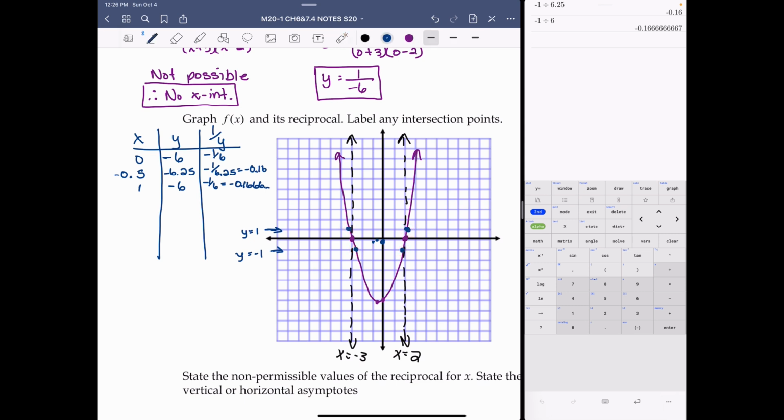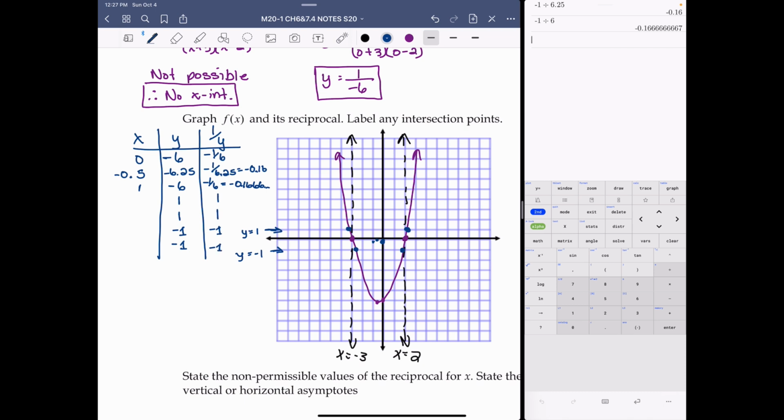Let's find the x values of those points, and then we can plot that information for our reciprocal function. When y equals 1 there are 2 points, and when y equals -1 there are 2 points, and our reciprocal function would have the same y values for those points.